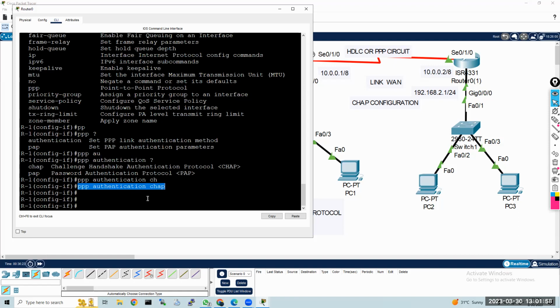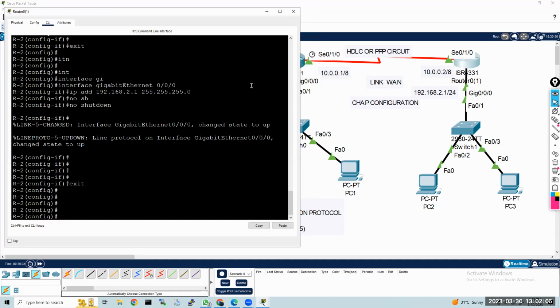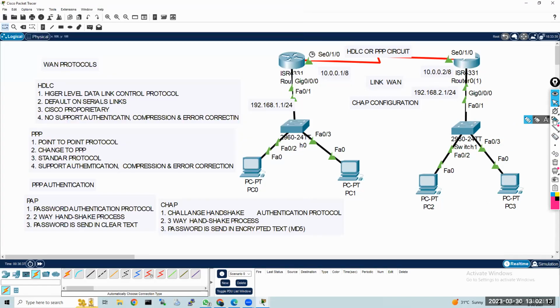Only two commands. The same commands I'm repeating on this router's serial interface. This WAN link, I'm authenticating using CHAP.